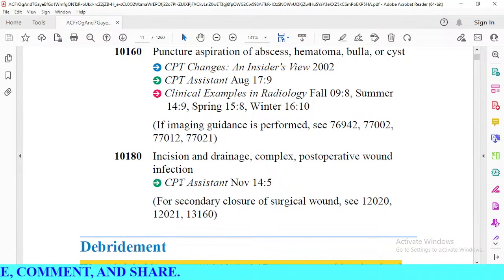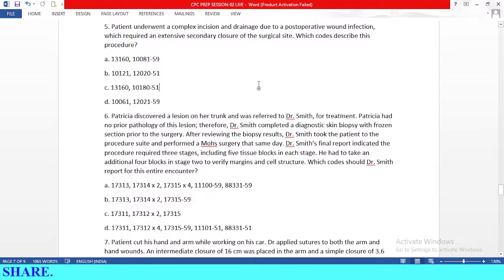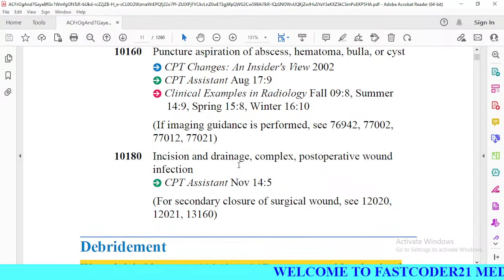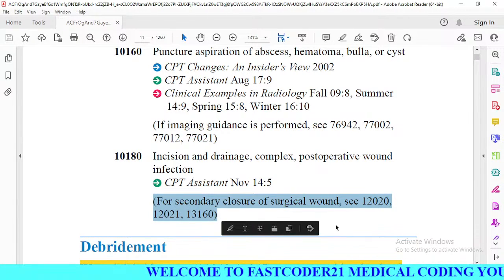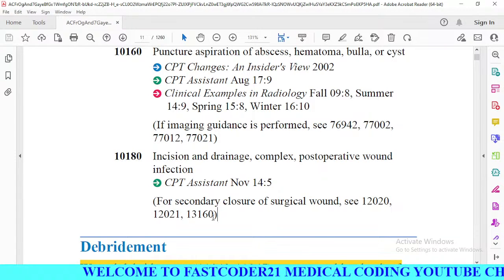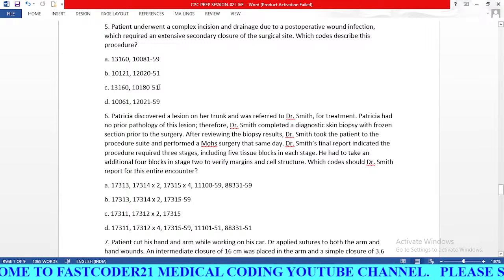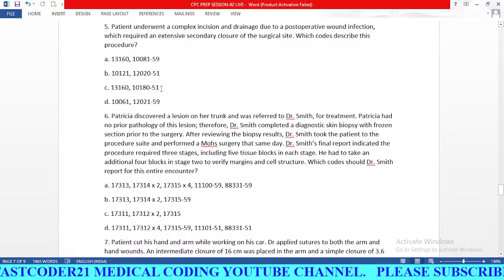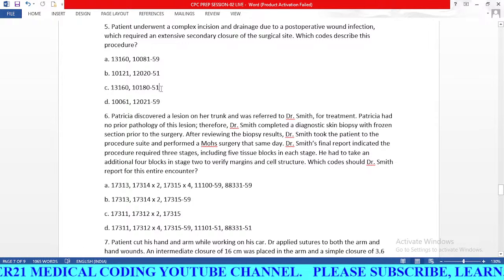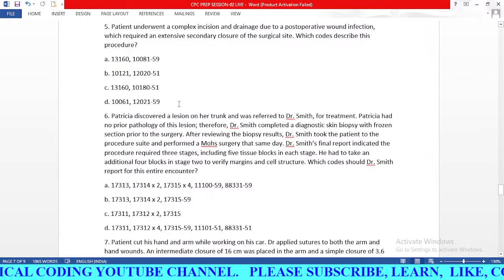If you do CPC or live coding, you can get the answer easily. So based on this question, we have I and D of post-operative wound infection as well as extensive secondary closure. Directly they have mentioned incision and drainage, complex postoperative wound infection. If you read this question, you can write the answer easily. See here, 13160 is mentioned for secondary closure. So here our answer is 13160, 10180, 51. 51 is for multiple procedures in the same session. So I hope you guys got this answer.